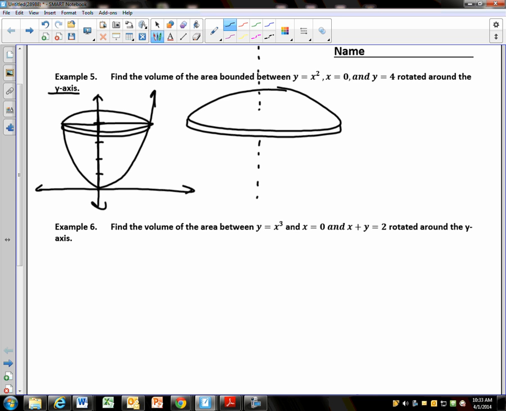So that's my shape I have to work with. Well, I know that this is x equals 0 in the middle. The radius is right here.